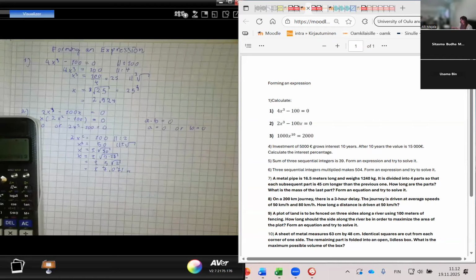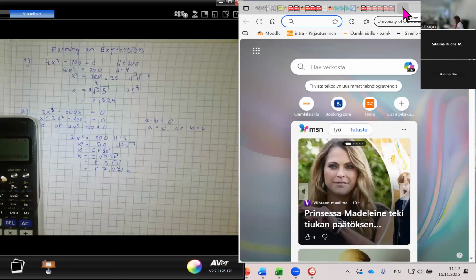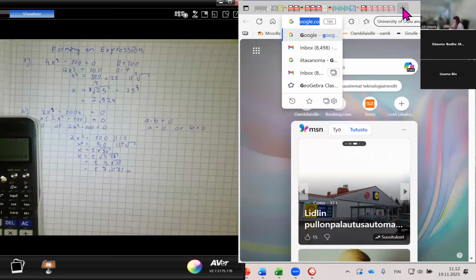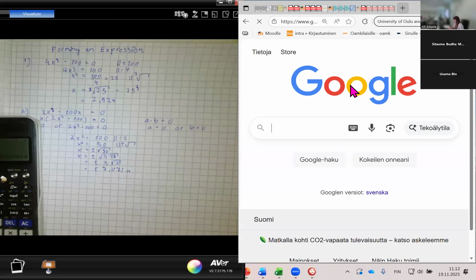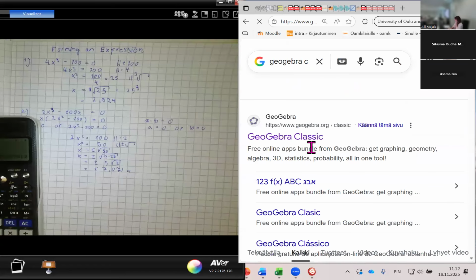So now I have many roots here. If I would want to draw this with GeoGebra, I could see how it looked. GeoGebra Classic.